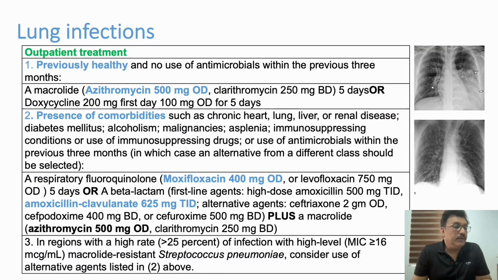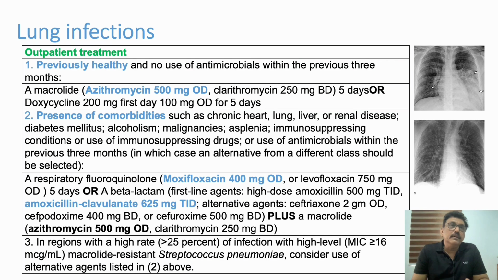It has a better coverage for gram-positive cocci and moderate coverage for gram-negative infections. But in a patient who is having pre-existing lung disease, then levofloxacin or moxifloxacin are the drugs of choice, because we know that the infection can be due to gram-positive or gram-negative organisms.